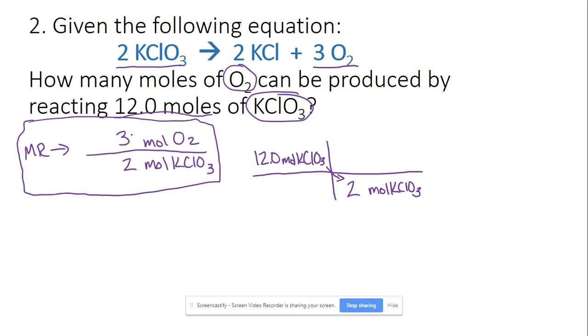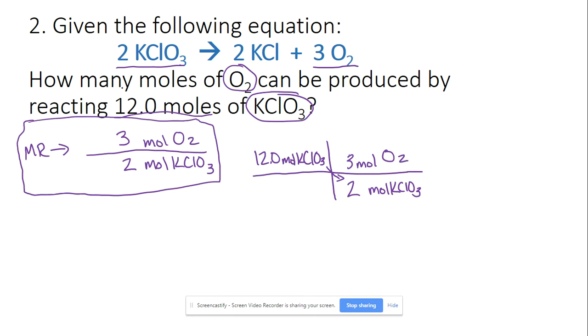We could have put 2 moles of KClO3 in the top and 3 moles of O2 in the bottom. It doesn't matter what's on the top and bottom as long as that ratio stays in the same section of our tracks. But here it works out perfectly because on the top we're going to put 3 moles of O2.